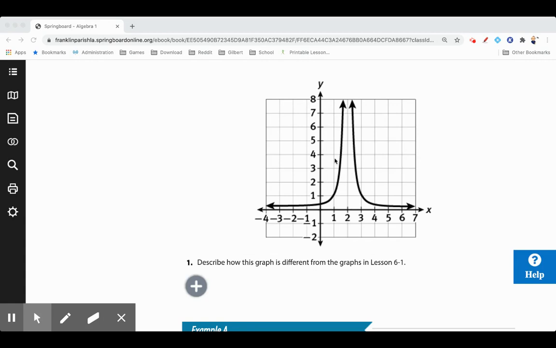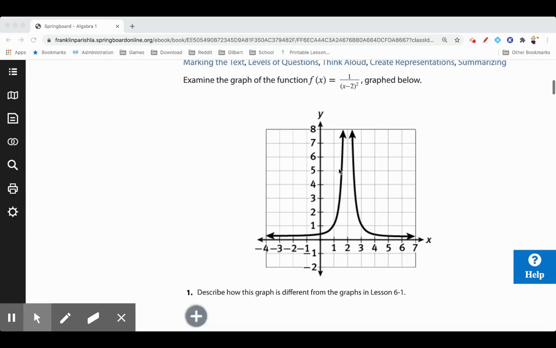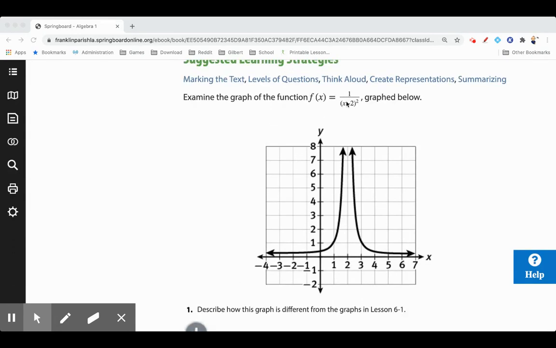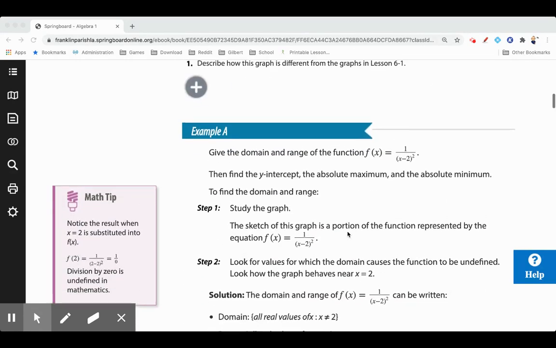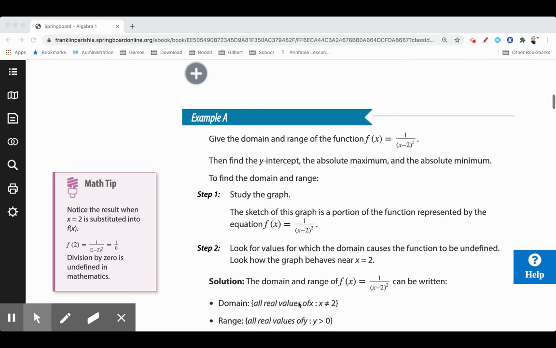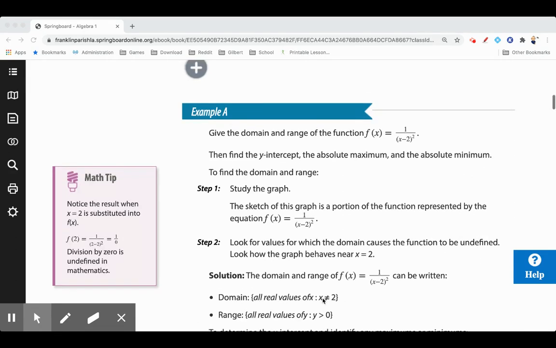It can touch every other number. 2.008, fine. 1.999999999, fine. But 2, absolutely no. That would make this a dividing by 0 problem, and that's why you'll see this little space and gap right there. And so the domain is all real numbers except for 2. You cannot equal 2.